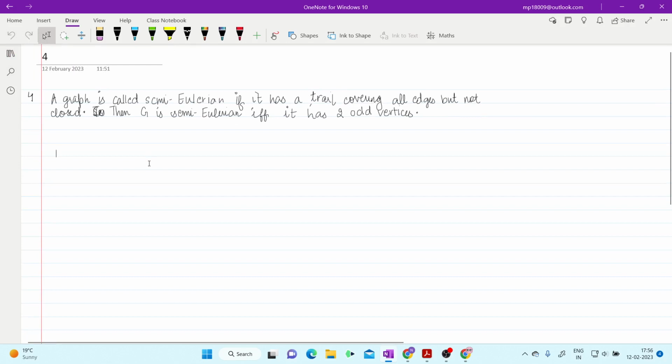Now, next question is: a graph is called semi-Eulerian if it has a trail covering all edges, but it is not closed. Basically, our graph was Eulerian if we have a closed trail covering all edges.